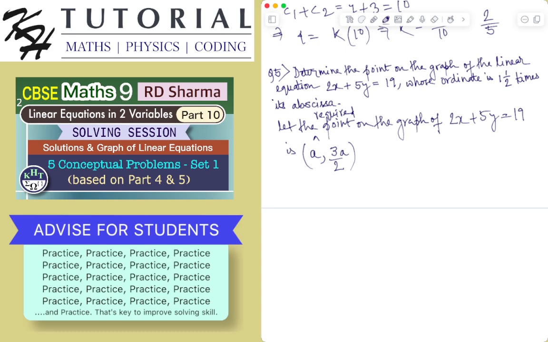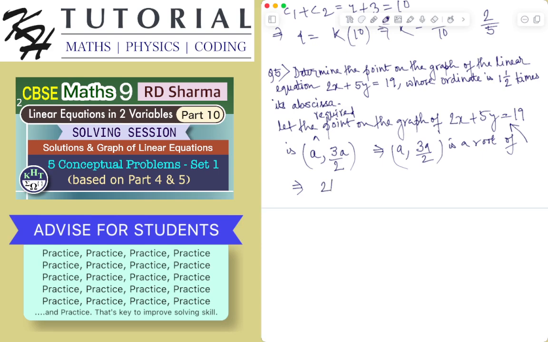So A comma 3A by 2 is a root of the given equation 2x plus 5y equals 19. The ordered pair must satisfy the given linear equation.